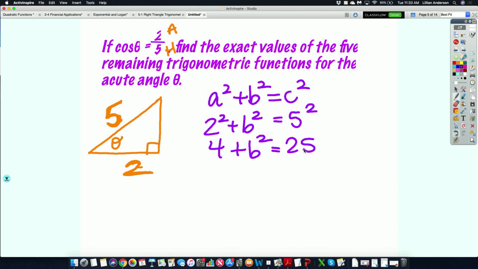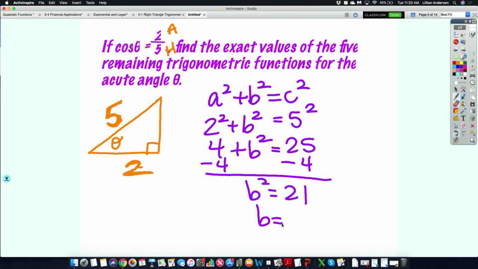How do I solve for b? Square both sides? So b equals what? It would just be the square root of 21.